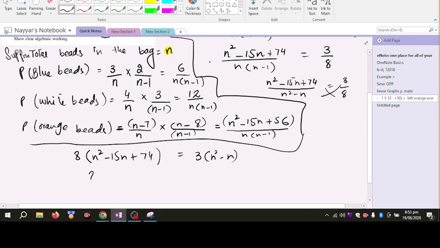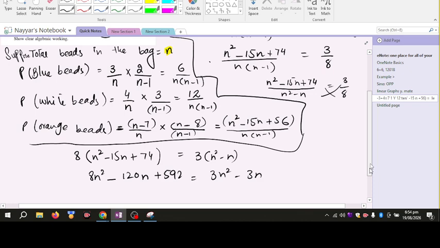So we'll get 8n square minus, what is 15 times 8? 10 times 8, 120, so 120n. And 74 times 8 is, what is 74 times 8? 592. Now we are going to multiply 3 with this.